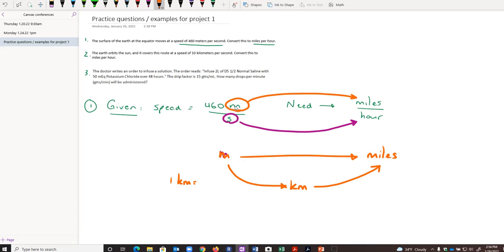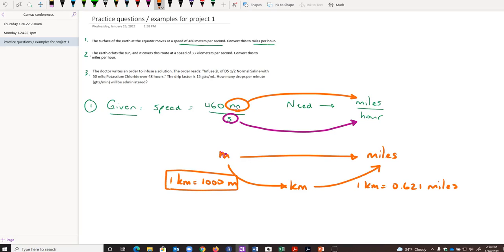This first conversion here involves a metric conversion, so this is one that you should know. 1 kilometer is 1,000 meters. And then the one that you're probably going to have to look up is the relationship between kilometers and miles. We say that 1 kilometer equals 0.621 miles. So we've established these relationships as equalities.